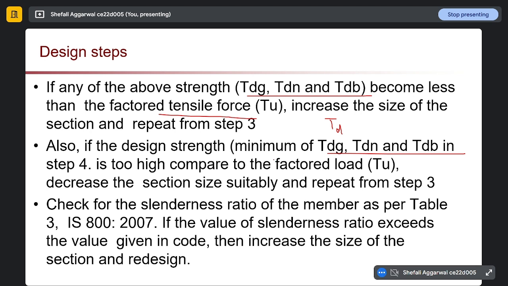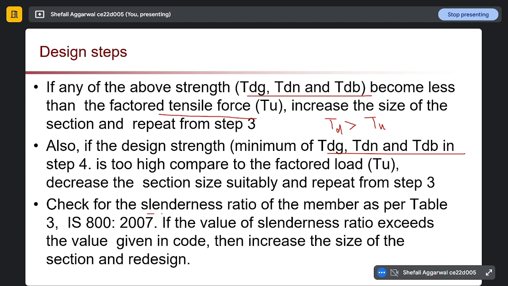Second thing is if our design strength is too high, it should be greater than TU, but it should not be too much greater than TU. If it is too much greater than TU, then we have to reduce the section size and again design the same thing.